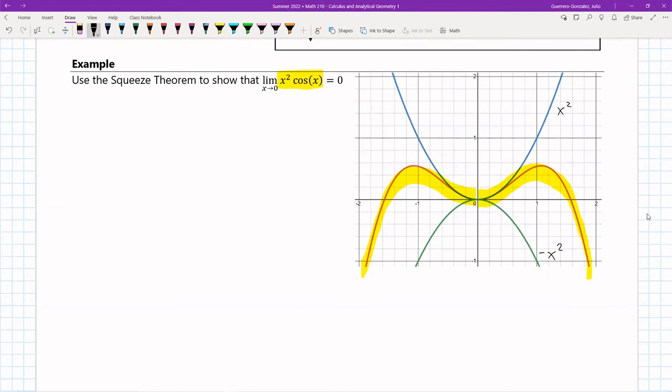We're gonna notice this, that the order is like this for the squeeze theorem. Minus x squared less than or equal to x squared cosine of x, less than or equal to x squared. So what that is saying is that this function right here, the x squared function, is always bigger than our function. And this function right here is always smaller than our function, okay?